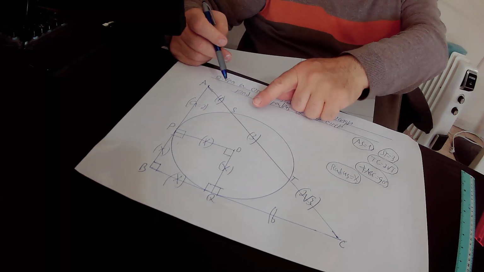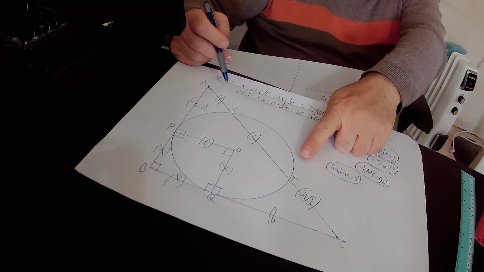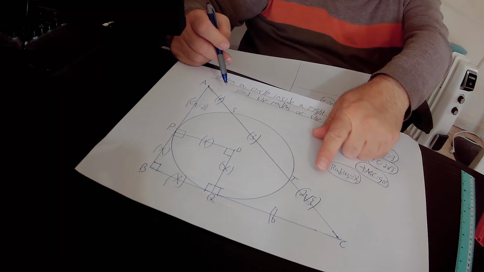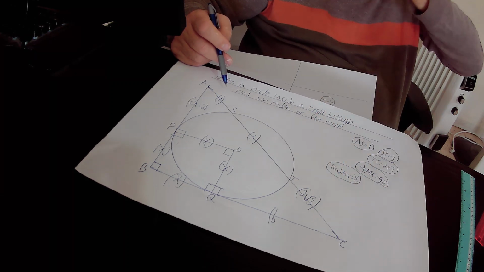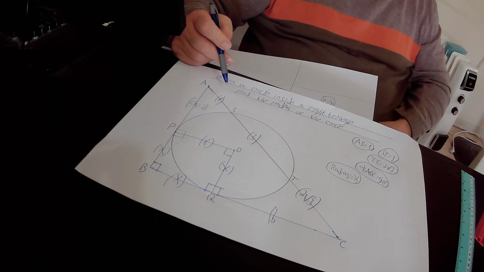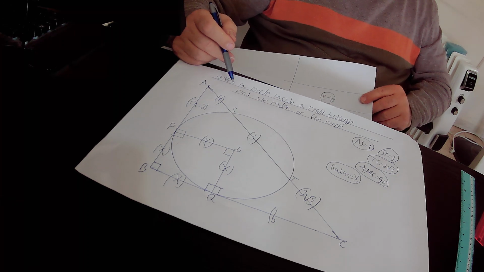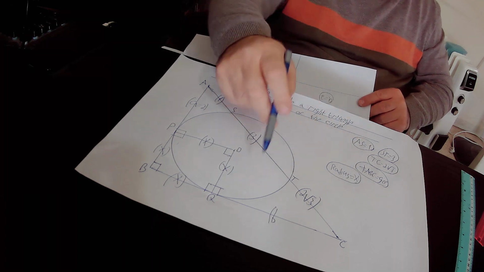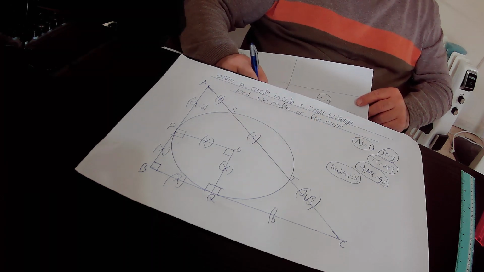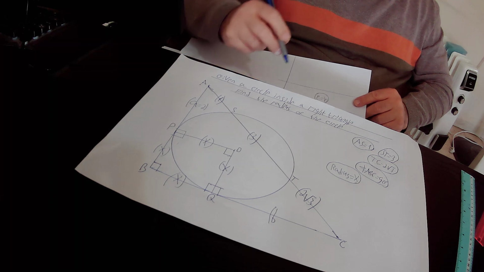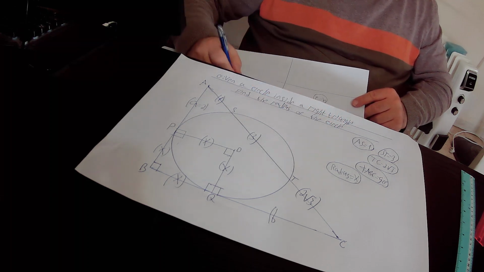And we also have chord ST that is extended until it touches point C. So all the requirements of rule 10 are satisfied, therefore we can implement rule 10 here. According to rule 10, we get that CQ squared equals CT times CS.